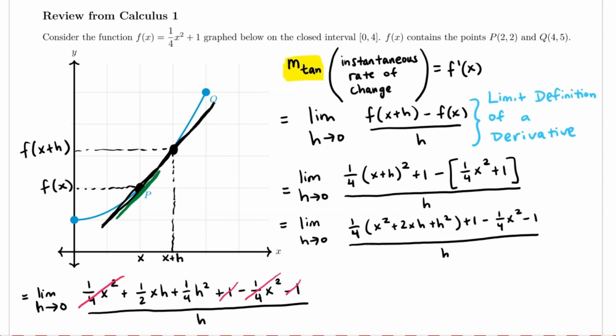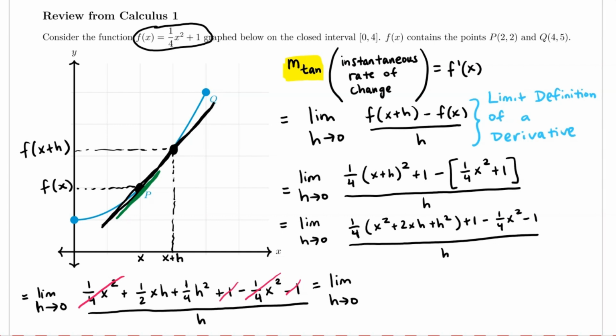All right, so I've taken the steps to start taking the limit definition of our derivative for this particular function that we are looking at, f of x. And I'm at the stage where now I have the limit as h approaches 0. Notice that the remaining two terms both have an h in them.